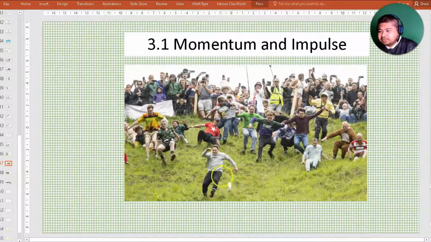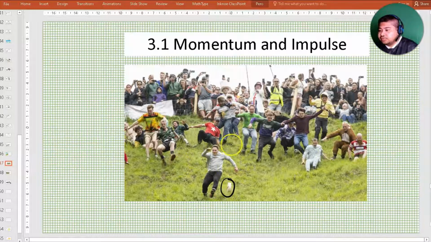If you can see in the picture, I've circled the cheese. They roll the cheese down the hill, and then these people will start chasing the cheese. I'll leave a link to a video on this event in the description section below, and you can look at it yourself.